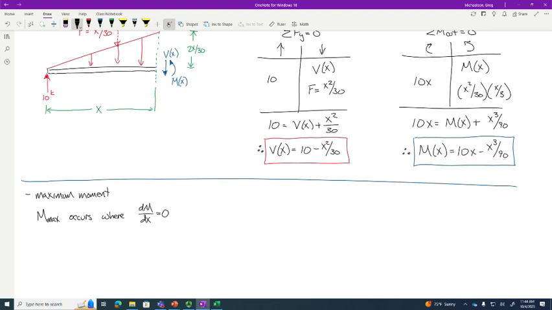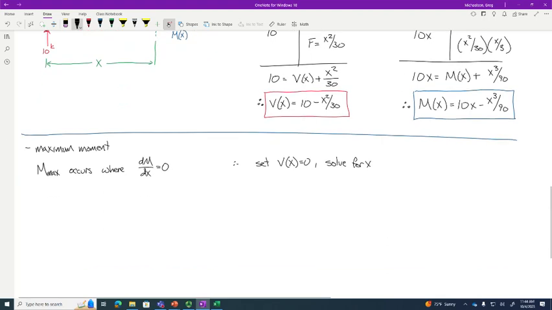What is the derivative of moment? Shear. So therefore, set shear equal to 0, solve for x. So what do we get?